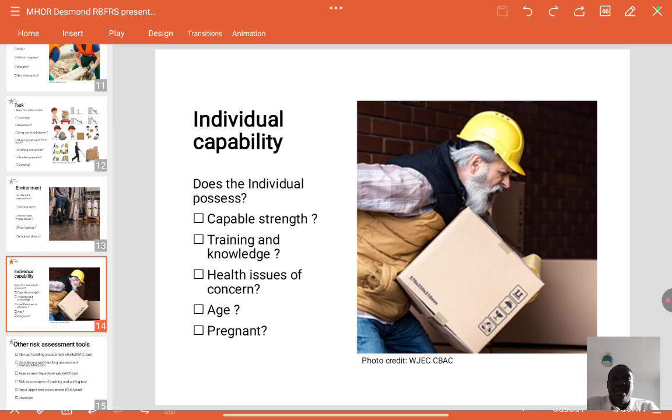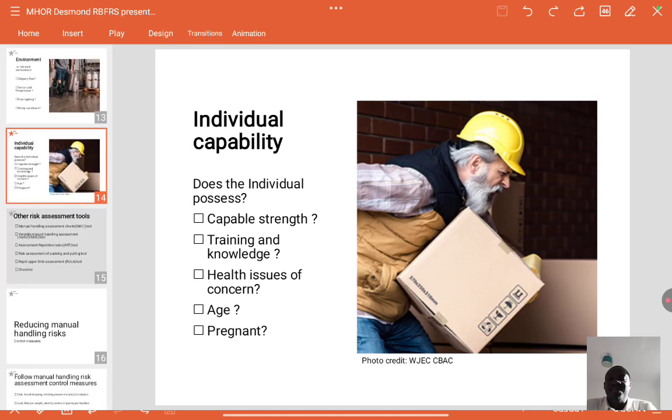What one employee could do would be different from what another employee could do. So employees have different strengths. You also need to understand the health issues of every employee, the age of the employee, and whether the employee is pregnant, as in females. So you would need to understand the individual capability before you assign any manual handling job or task to any individual employee.